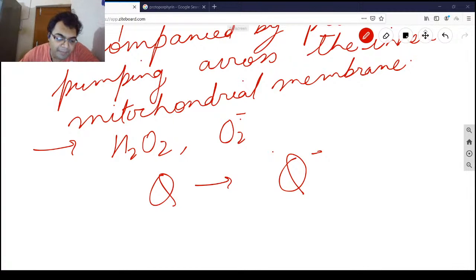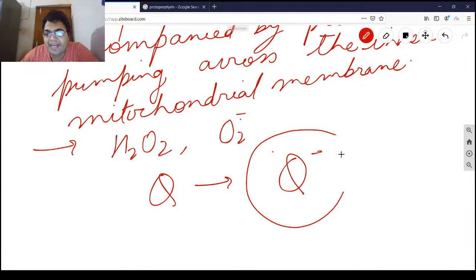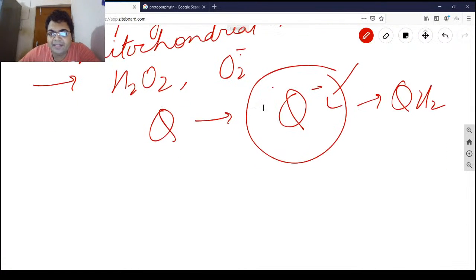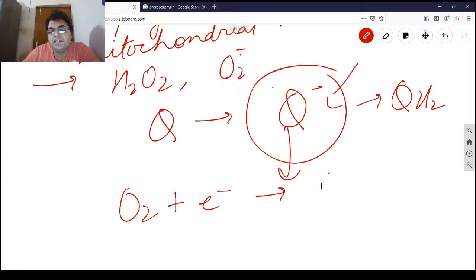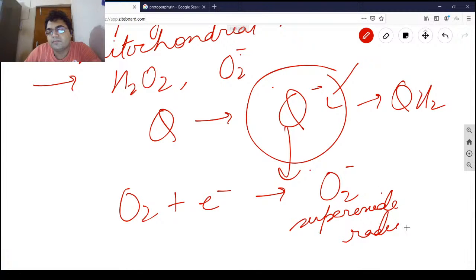So there is a probability that it will not wait for another electron and become QH2. It may in turn transfer its electron to oxygen, so O2 will become O2 minus, the superoxide radical.